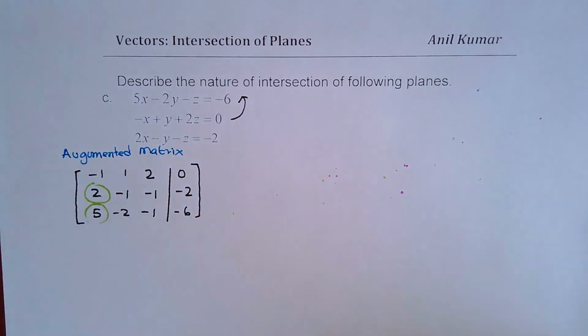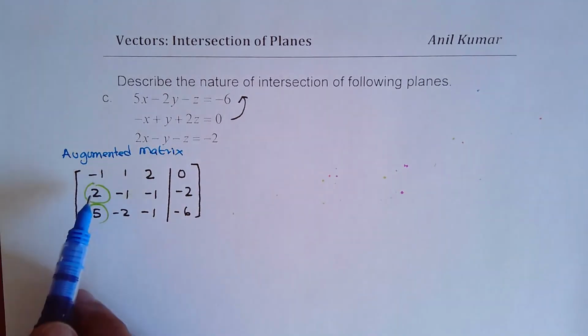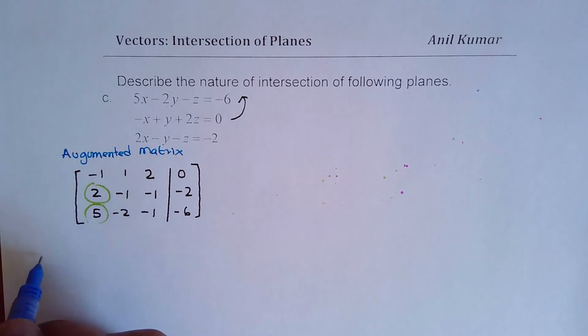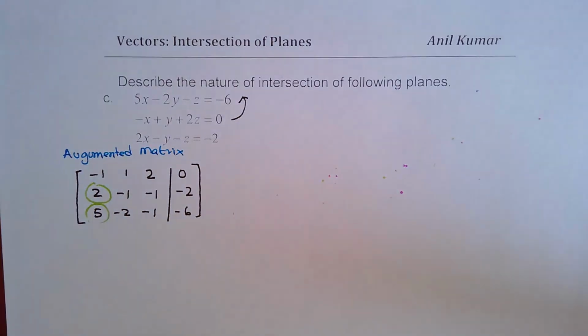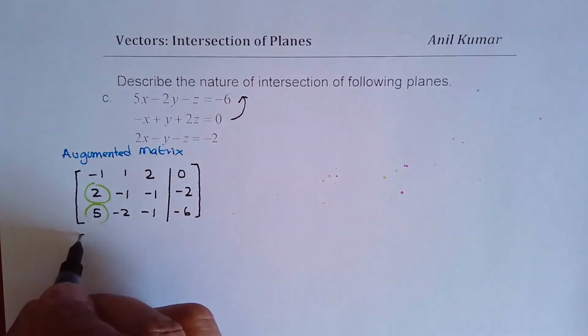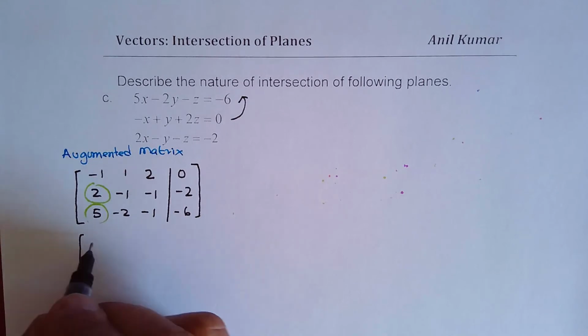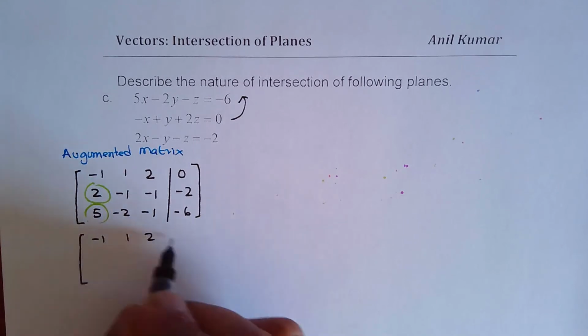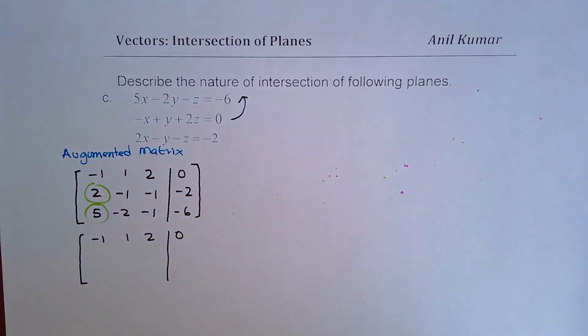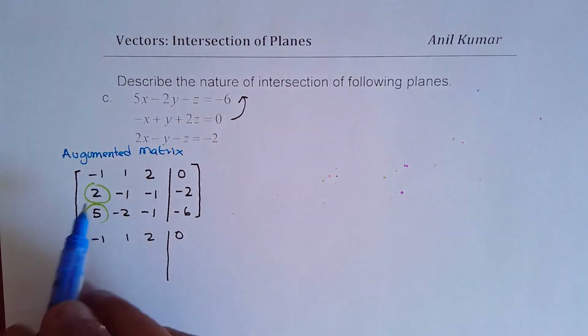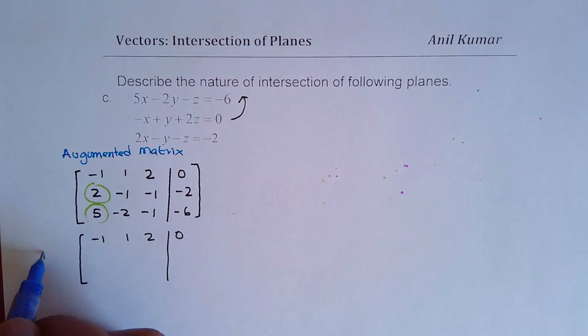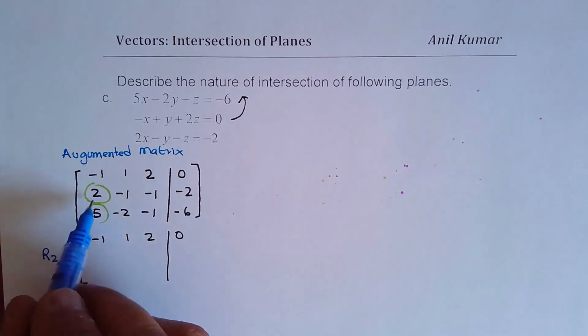So what we can do here is copy the first row, which is minus 1, 1, 2, 0. And now to get 0 here, we can do R2 plus 2 times R1.